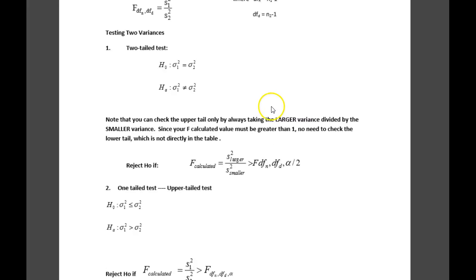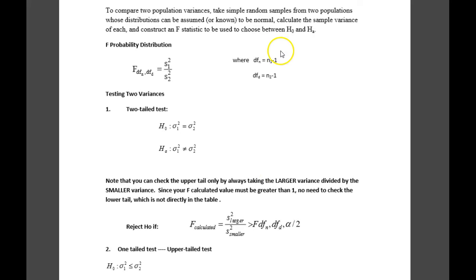Take a moment to look at the formula. The formula is extraordinarily simple, which the chi-square formula was definitely simple as well. But this is essentially just taking the larger standard deviation, or the larger variance that we get, and dividing it by the smaller variance that we get.